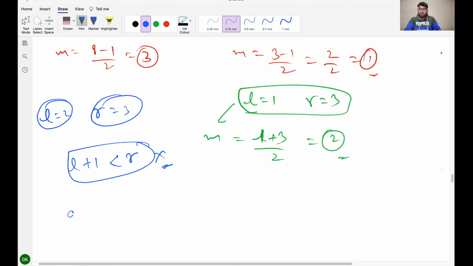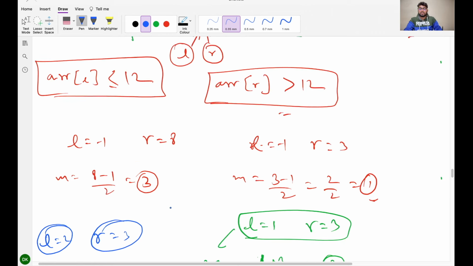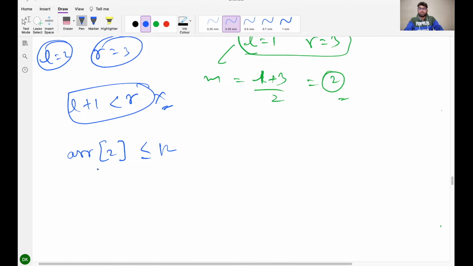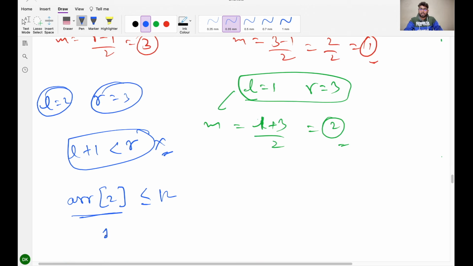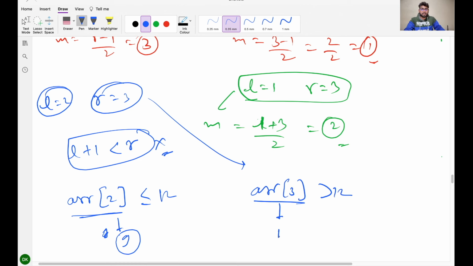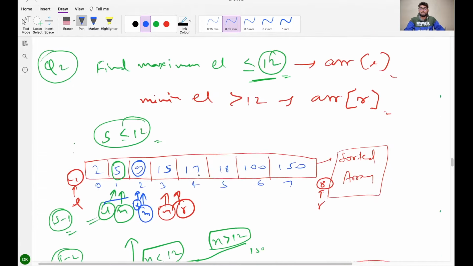So overall what we have, ARR2 is less than or equal to 12. So what is ARR2? ARR2 is 9. Okay, and for R, ARR3 is greater than 12, and what is ARR3? ARR3 is 15.